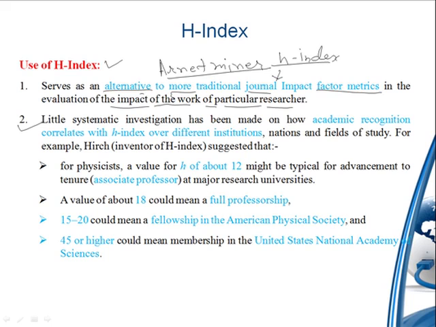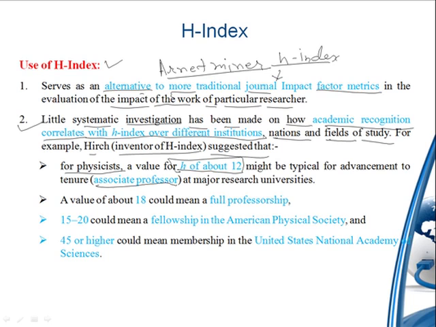Now the other very interesting use of H-index is that little systematic investigation has been made on how academic recognition correlates with H-index over different institutions, nations and fields of study. For example, Hirsch, the inventor of H-index, suggested that for a physicist, a value of H of about 12 may be a good choice or maybe a basic qualification for associate professor.